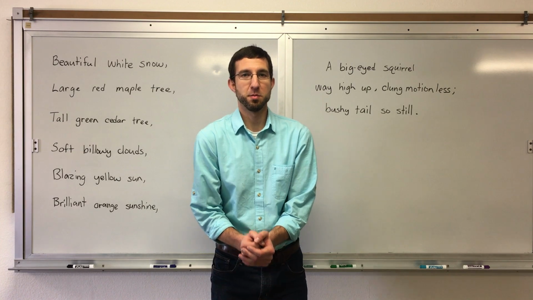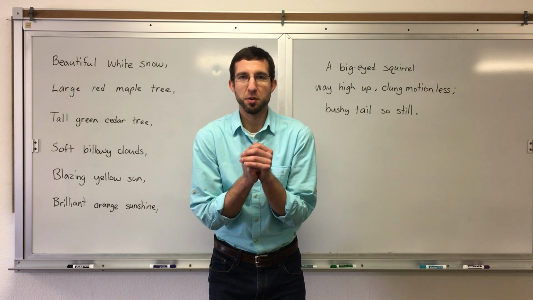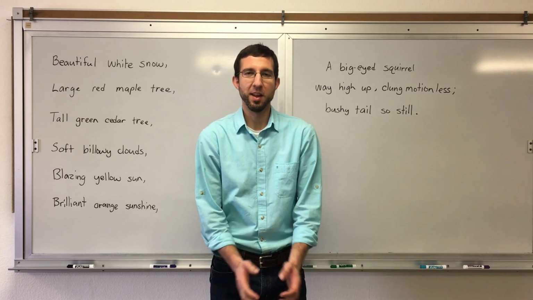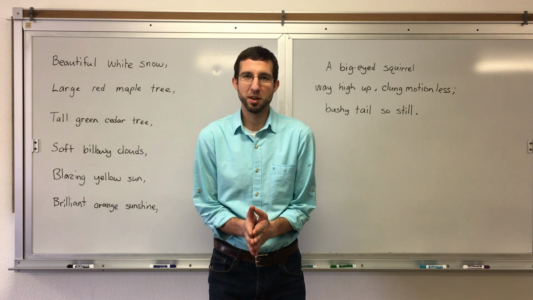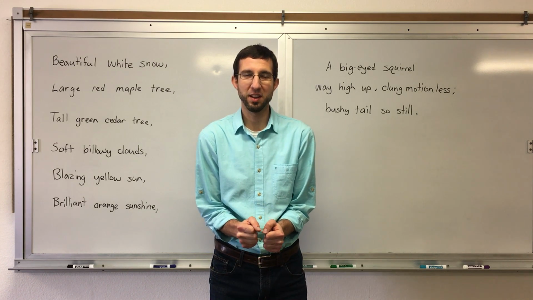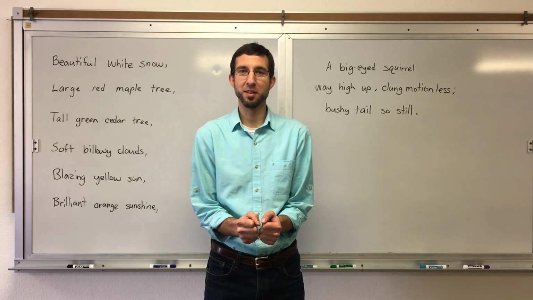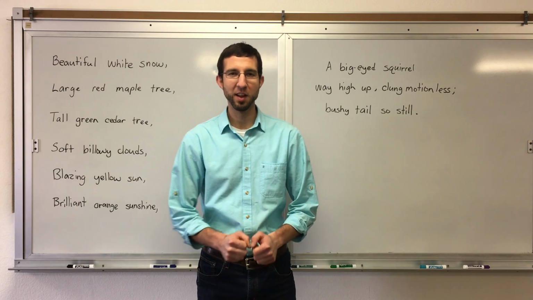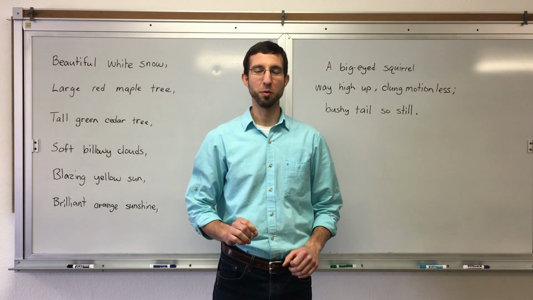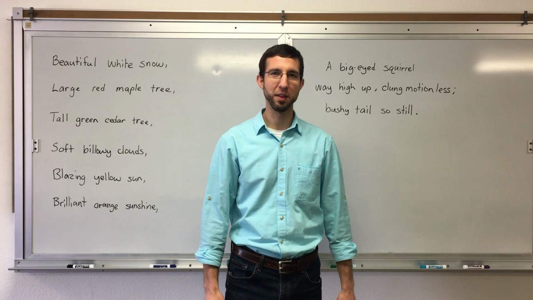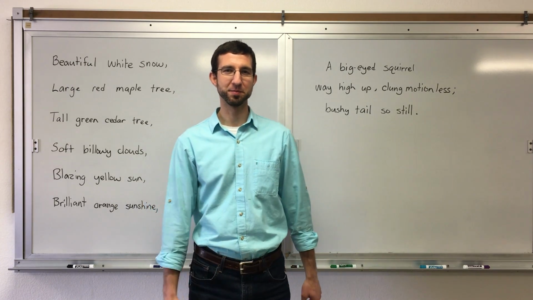trying to make himself as small as he could, his tail stretched straight out behind him, and his feet tucked in as close as he could to his body, and they were tightly gripping the branch. His big eyes were wide open. They were black.